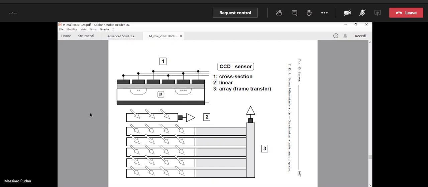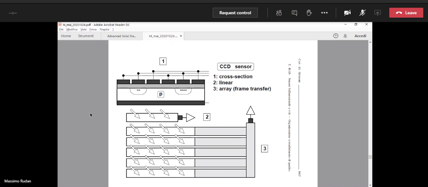The incoming optical signal is split into the fundamental colors, and then each fundamental color is oriented into the direction of a different array. So we have 3 arrays that receive simultaneously the signals related to the 3 fundamental colors, and they have been obtained very simply because we can split the light by using a suitable optical prism, okay?